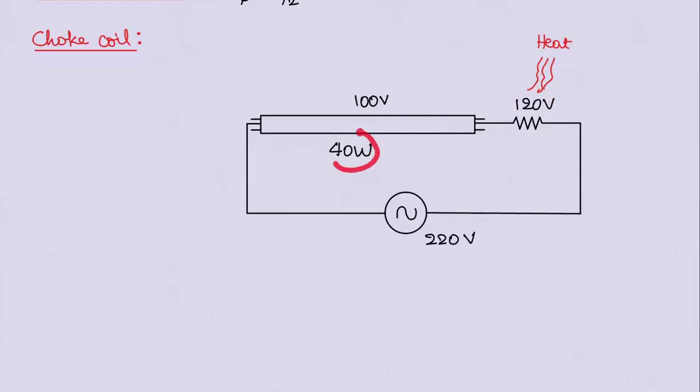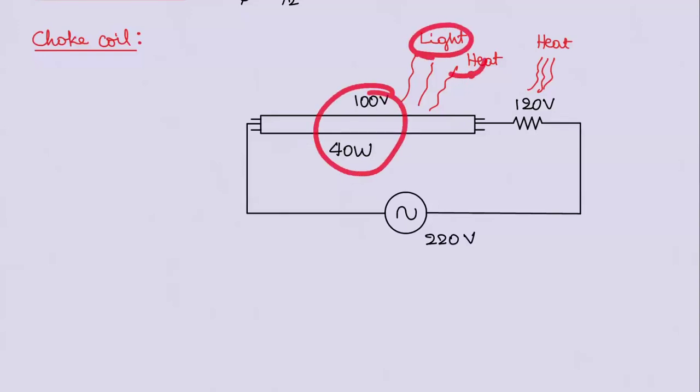And if it is a 40 watt tube light, this is 100, this is 120. Let us assume both are nearly the same. What is the power of the tube light? Nearly that much of heat. That means you are keeping a heater inside the room. And remember, this tube light is also only light, a little bit of heat also will be there.